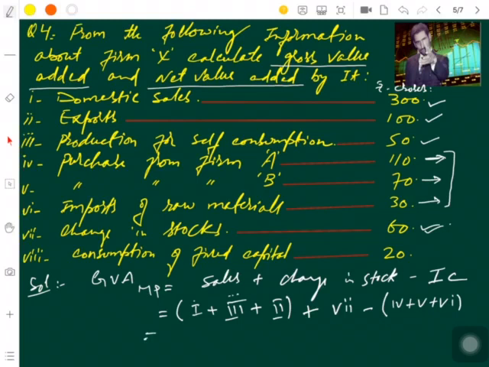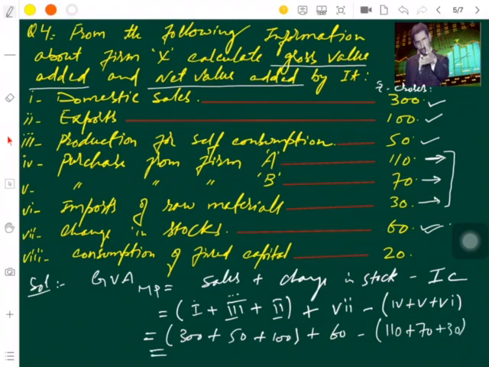So if I proceed with it, let us put the numbers. What has been given? It is 300. Third one is 50, plus 100, plus 60, minus 110. Purchase from firm A, purchase from firm B is 70 plus 70, and imports of raw materials is 30.